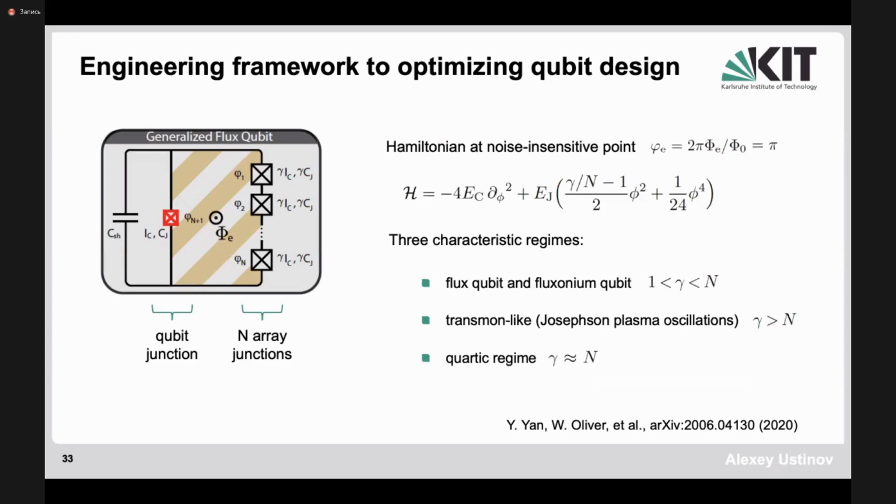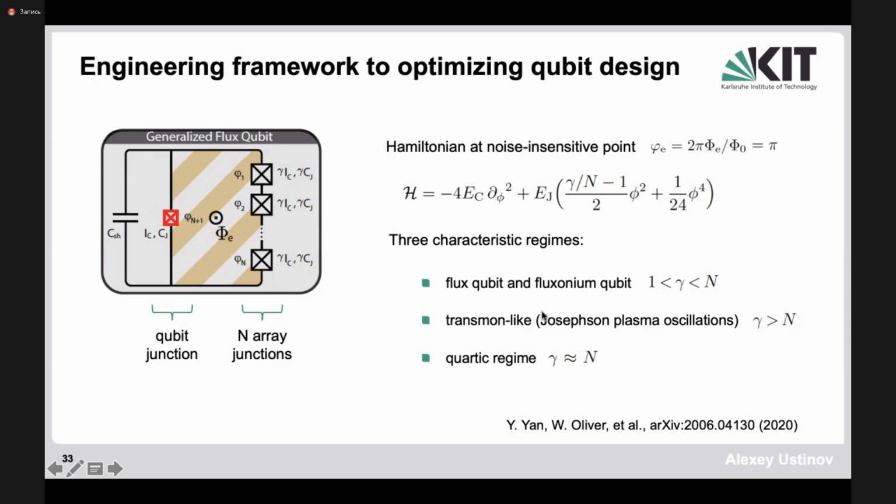So writing this Hamiltonian at the noise insensitive point, which means half a flux quantum applied to the loop, and expanding up to the second order term, one gets a formula which is similar to the potential which we discussed already for the fluxonium, but now it has the factor inside the power of 4. And it turns out that one can actually choose the parameters such that the factor in front of the power 2 can be made 0.